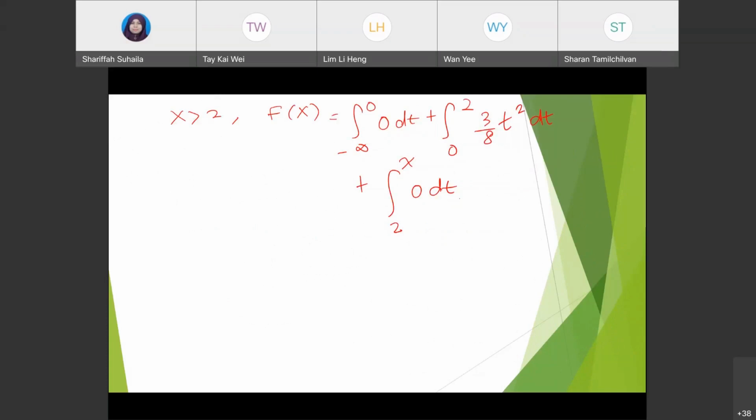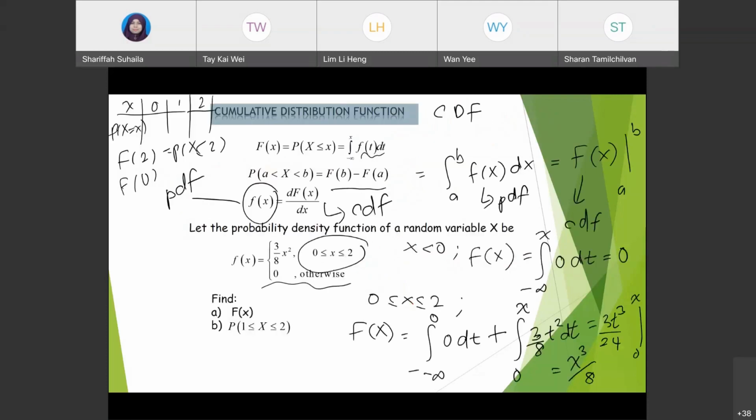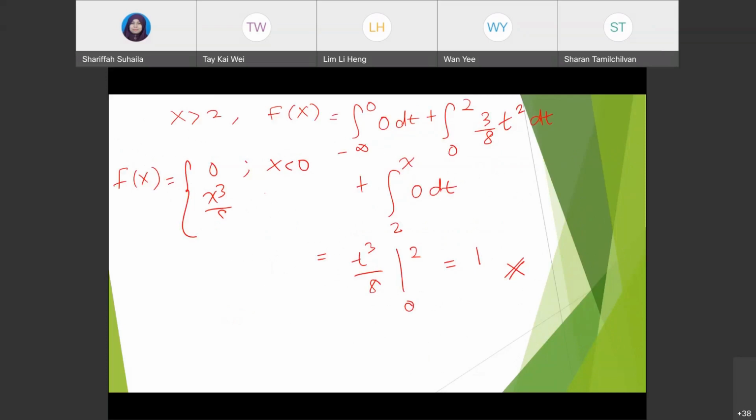So that means this integration, you will get t cubed over 8. So 0 up to 2, you get the total probability equal to 1. So that means your capital F(x), just write again, is defined as 0 when x is less than 0, then you have x cubed over 8, and then the last one is 1 when x is greater than 2.